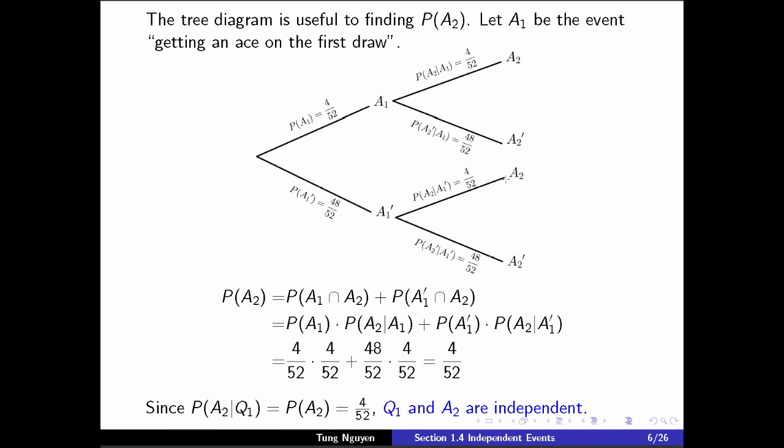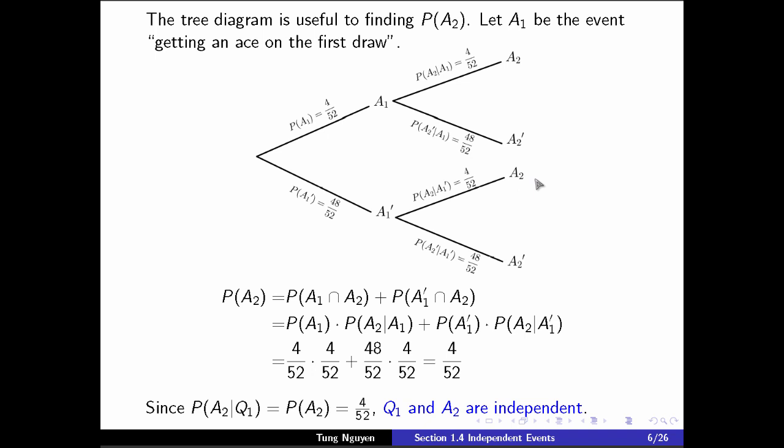So if we replace this no ace back, the probability of getting an ace the second time is still 4 over 52, while the probability of getting a non-ace card is still 48 over 52. We are interested in finding the probability of A2. That means these two outcomes are of our interest here.